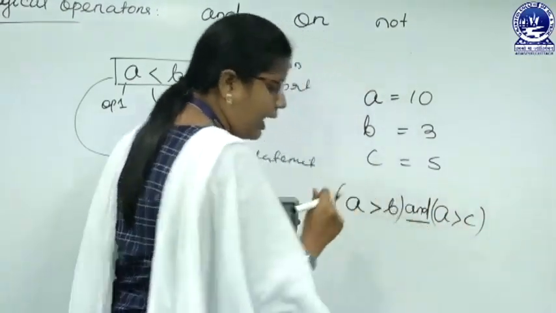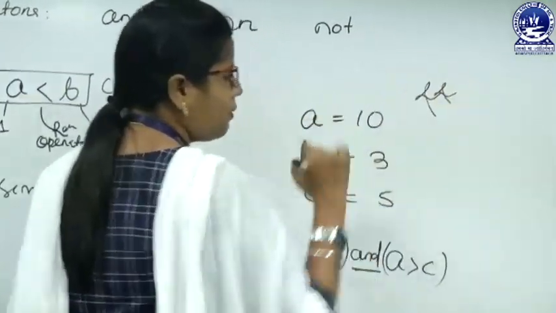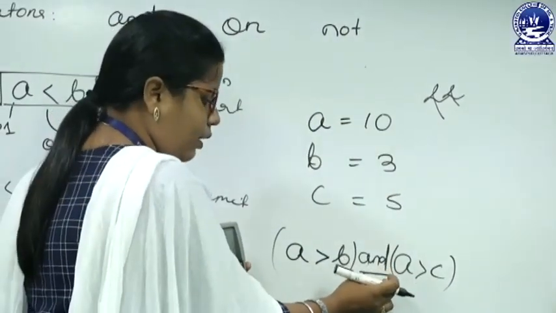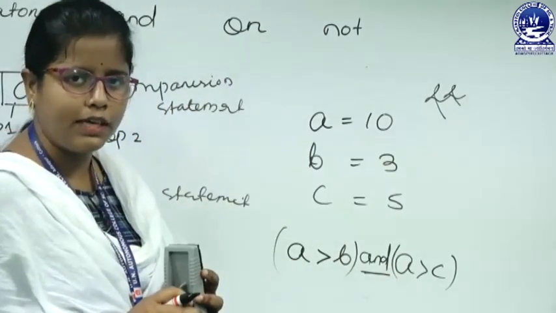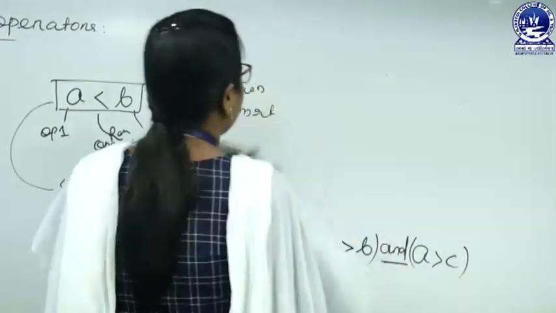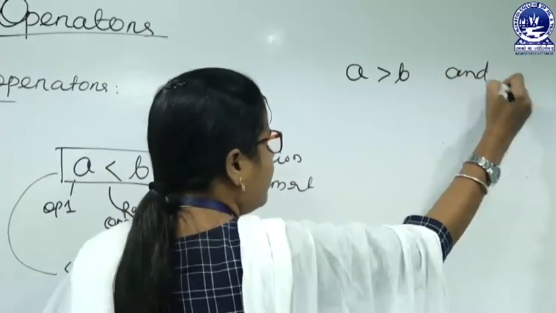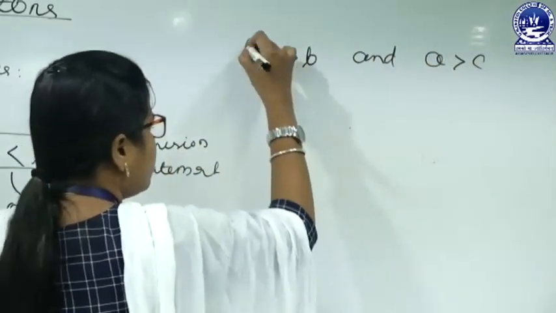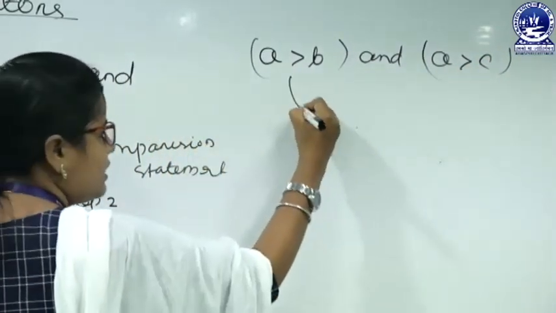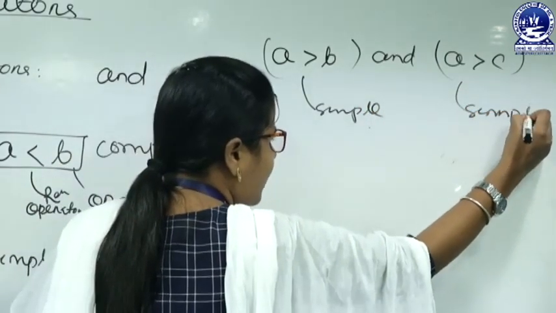This is the logical AND operator. In C, we use the notation double ampersand, but here we have to write AND. So, this is the logical AND operator we have in the Python programming language. What I have written here is A greater than B and A greater than C. So, we have to compare 2 simple comparison statements. This is one simple and this is another simple comparison statement.